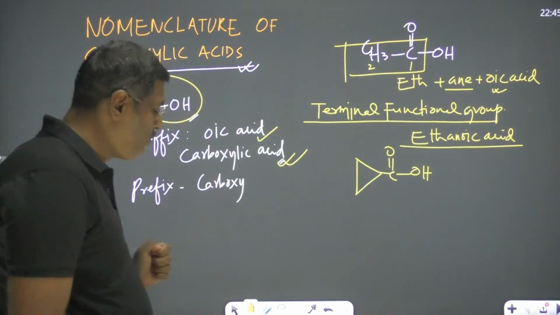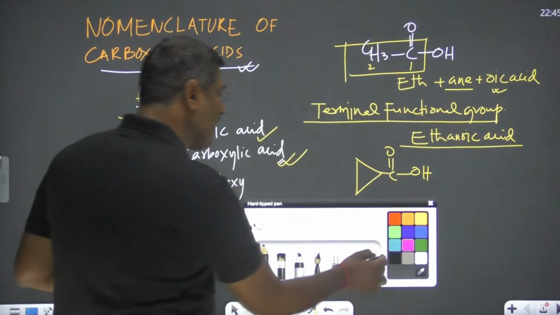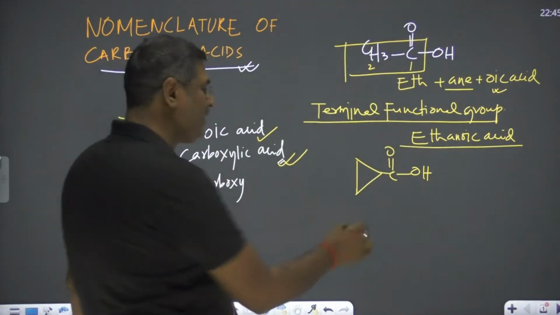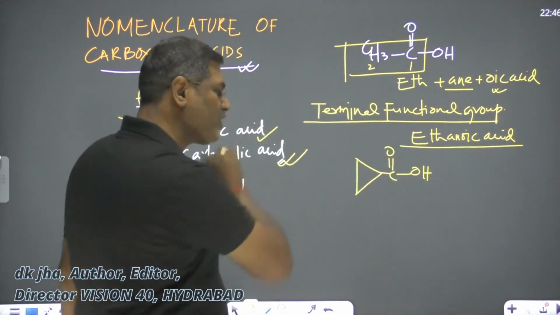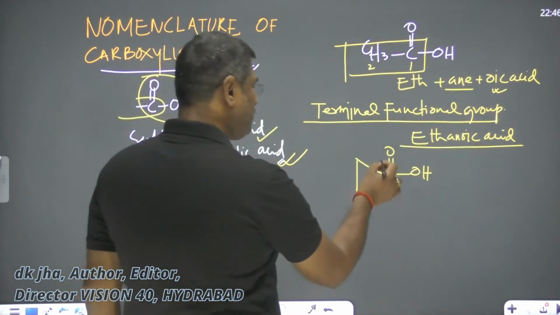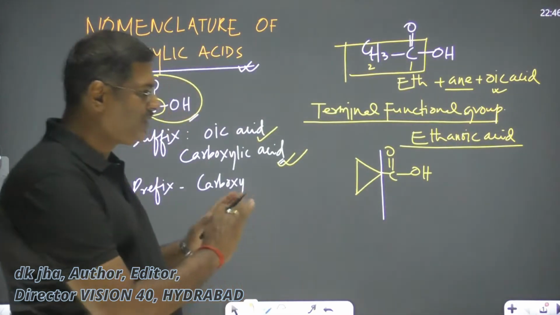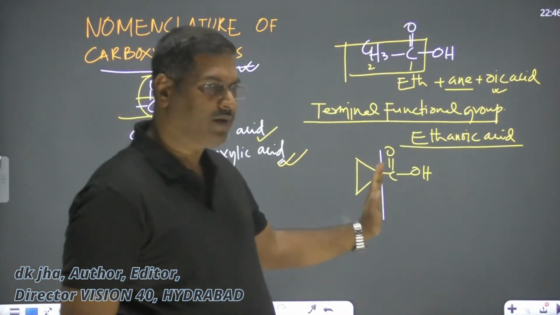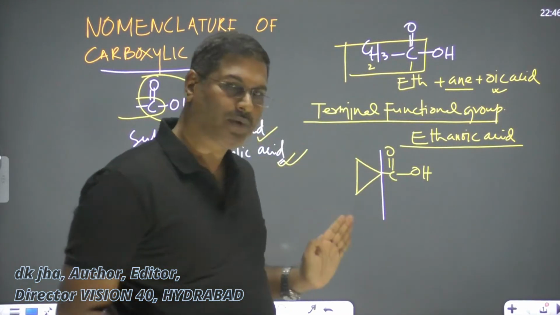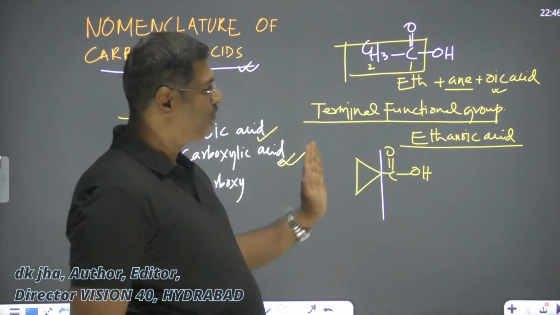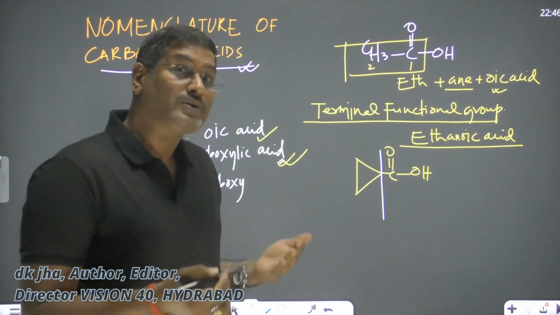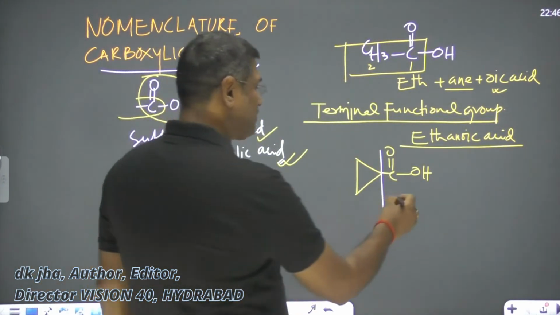We cannot incorporate the carbon atom of COOH in this chain. So the 2 parts are different. COOH you have to name separately, and this one separately, and so the name is cyclopropane carboxylic acid.